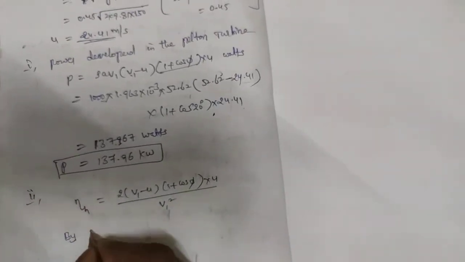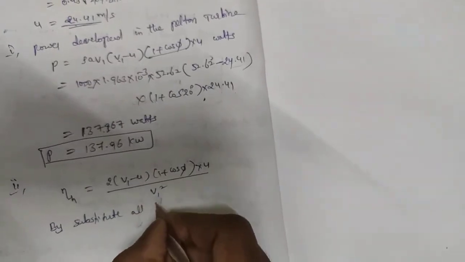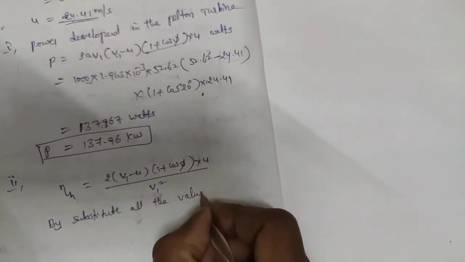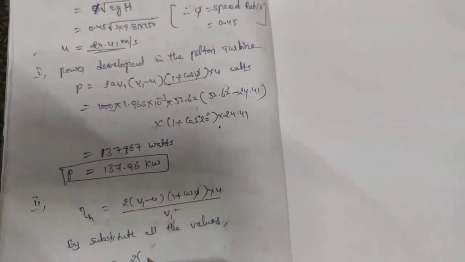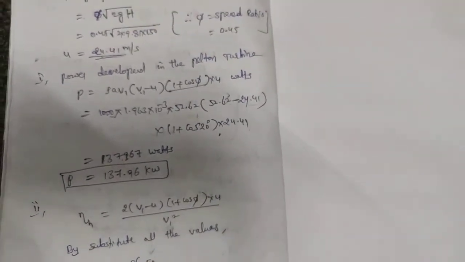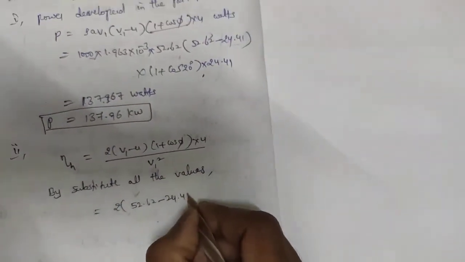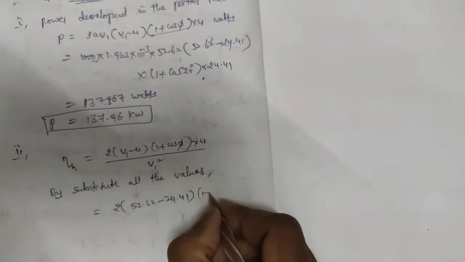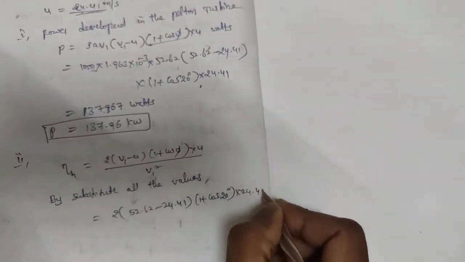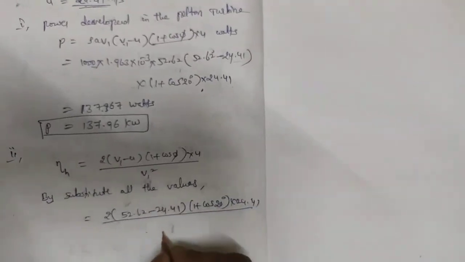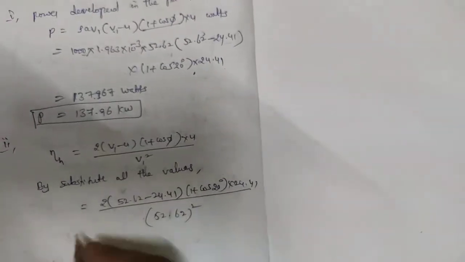Substituting all the values: 2 into (52.62 minus 24.41)(1 plus cos 20 degrees) into 24.41 by 52.62 whole square.